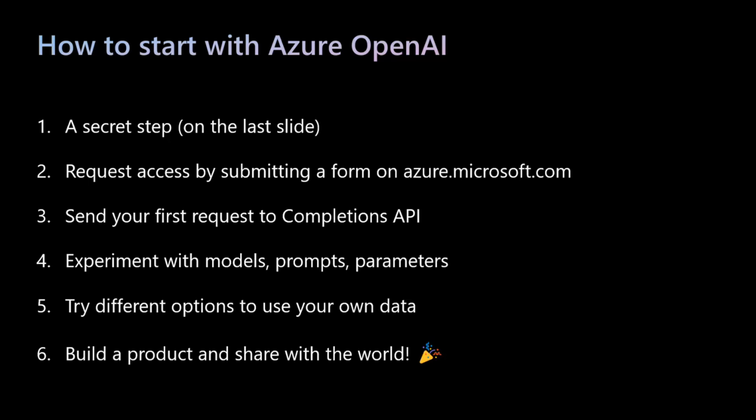Also, sooner or later, most likely sooner, you will have a question: how do I use my company's data for all these APIs? I mean, ChatGPT as a service, if you go to chat.openai.com, is amazing, right? It can answer many questions, but it knows nothing about your company. So this is challenge number one.